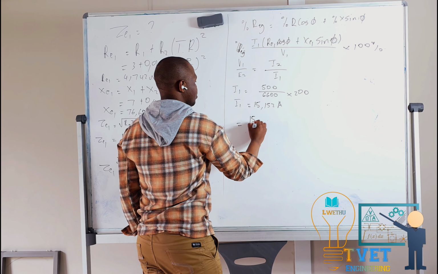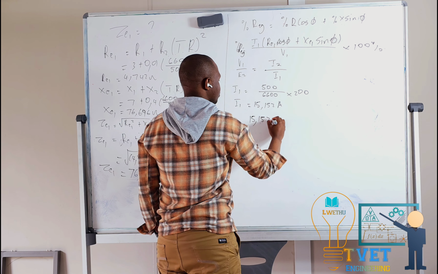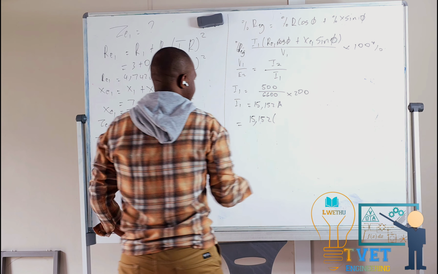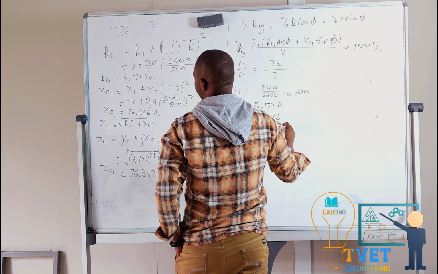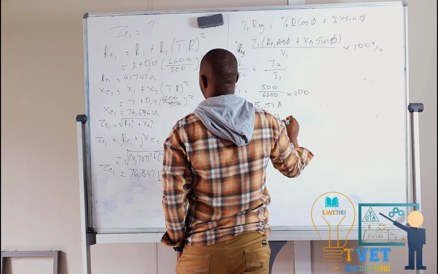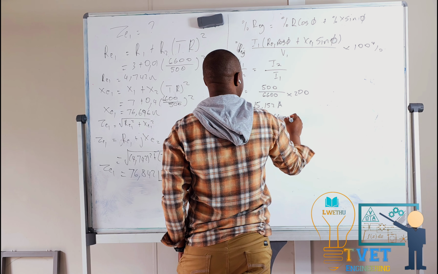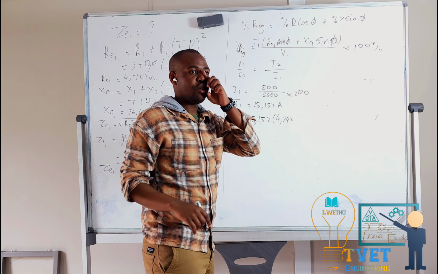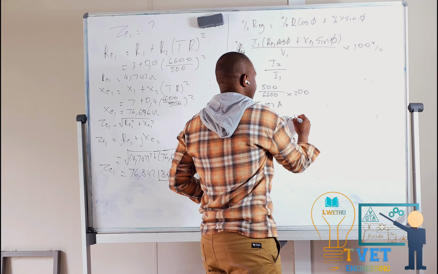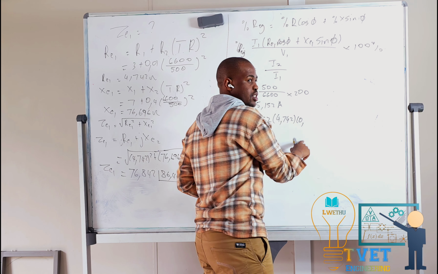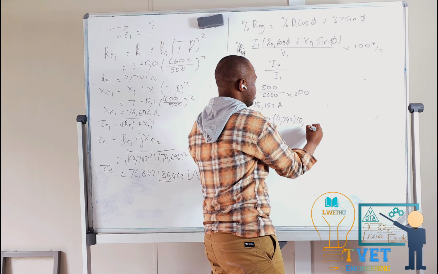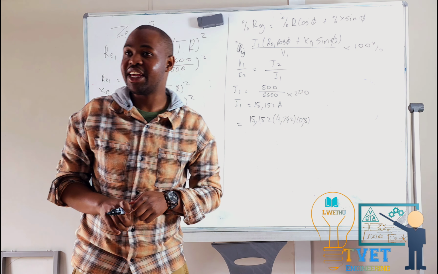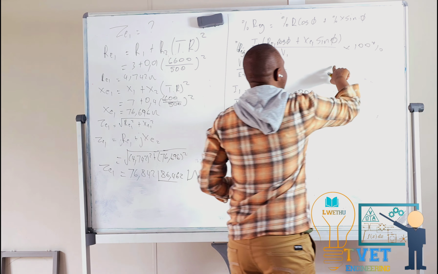Now I can go and substitute for the percentage regulation, which is 15,152, then the equivalent resistance, that is 4,742. What is the cos of the angle? Cosine is 0.8 lagging. But I need to find the sine of the angle.